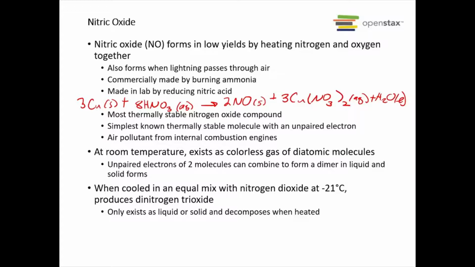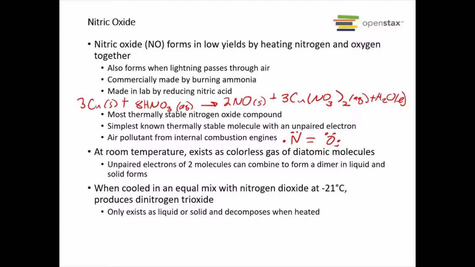So the combustion that occurs in the engines of our cars, it's not complete. So you end up getting some products due to this incomplete combustion that are not good, NO being one of them. So its structure, just to kind of draw out, we'll see it on the next slide, but you've got nitrogen with a lone pair, then it has a single unpaired electron, and then it's double bonded to oxygen with two lone pairs.